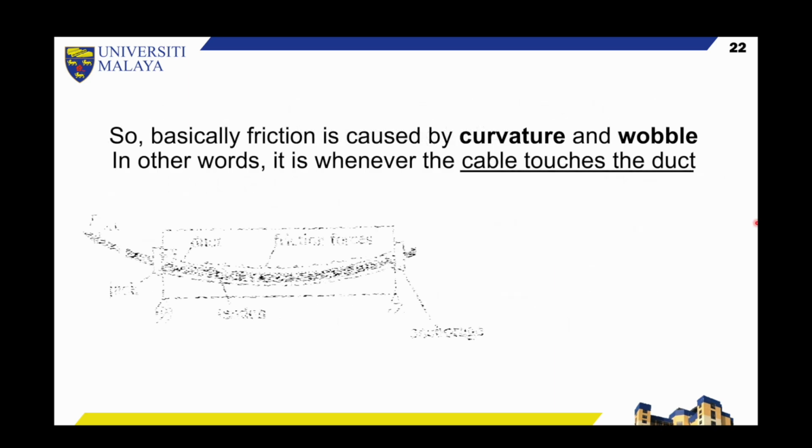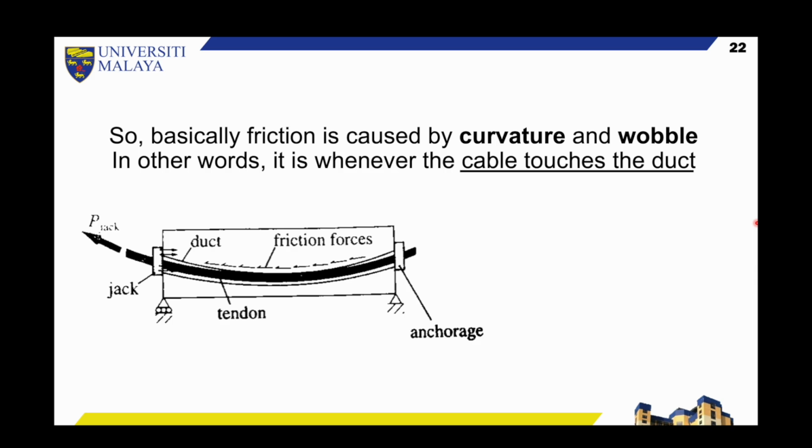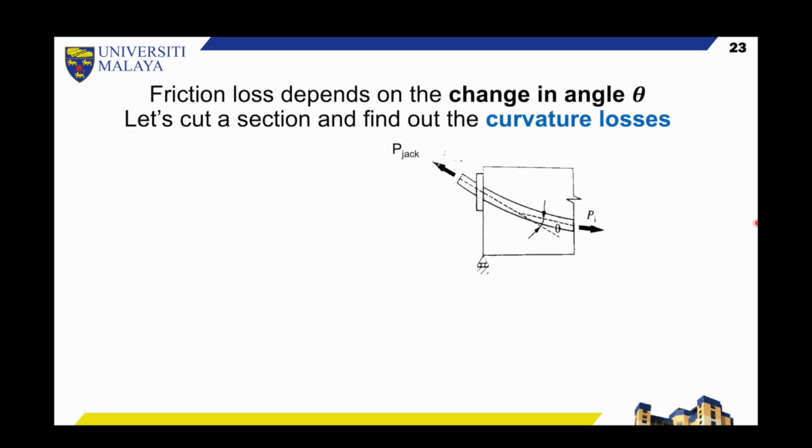The one on the left is caused by curvature, while the one on the right is caused by wobble. And let's see some equations which we can use to actually predict these losses and calculate them. So friction losses depend on the change in the angle of the strand.